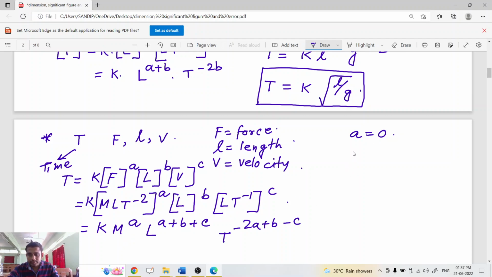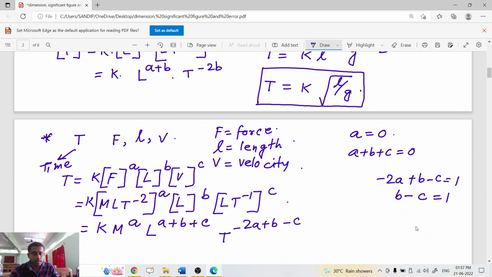And a plus b plus c is equal to 0, and similarly minus 2a plus b minus c is equal to 1. Here if we put a equal to 0, that means b plus c is equal to 0.